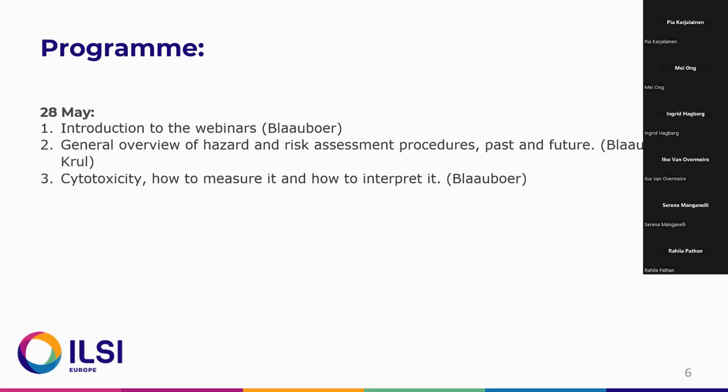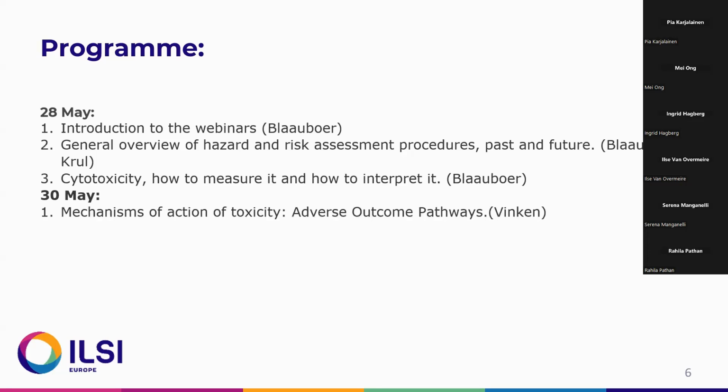We also asked the people whether they were familiar with toxicology, risk assessment, and cell cultures, and there were quite some people that were, but also that weren't. We had about 40 people in the meeting. Today we had a registration of 88. I'm not sure how many are now in the call, but normally that is always a little bit less.